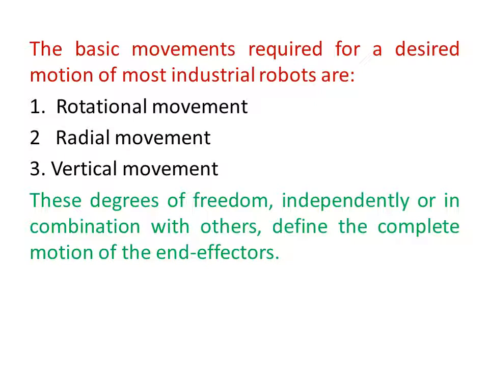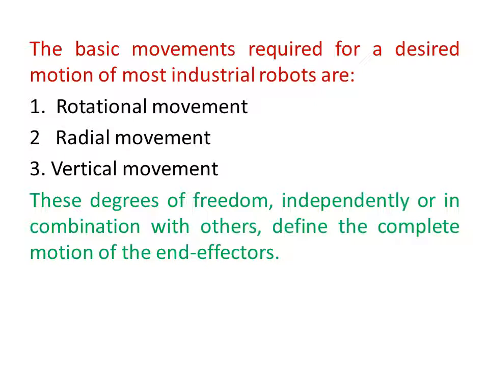If you extend your hand, your elbow will have another kind of movement, and your arm will extend its length about the elbow movement. The same thing happens with the robot manipulator, so the end effector will move radially to the target points.